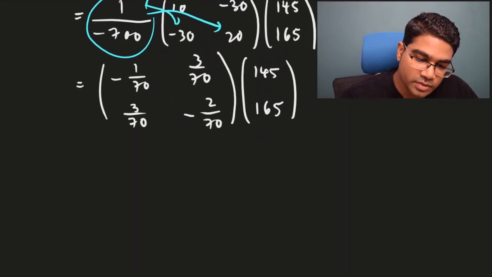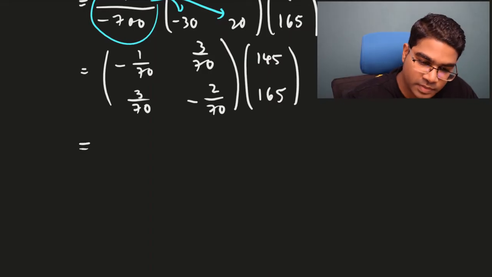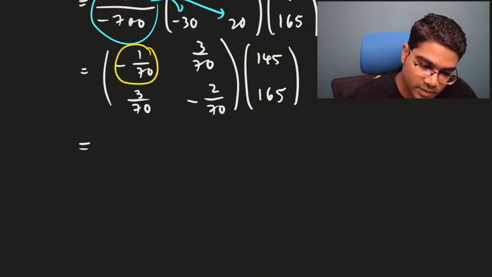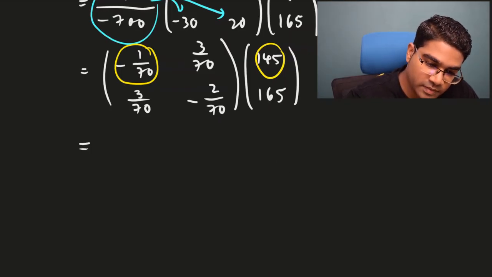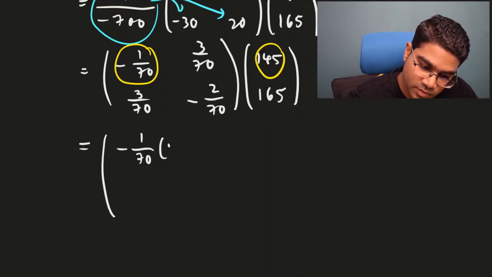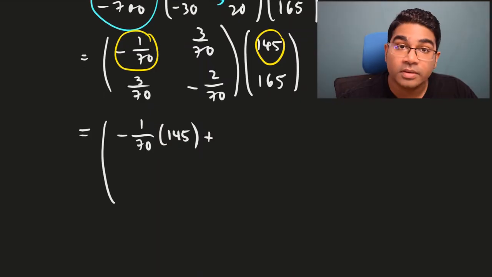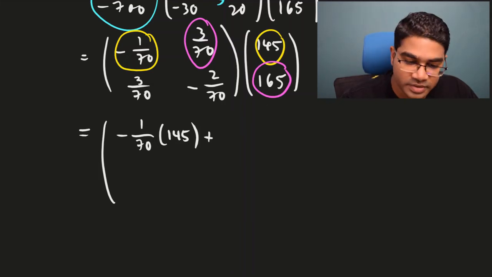So what we have to do first, we take negative 1 over 70 times 145. So the first term here will be negative 1 over 70 times 145, plus we have to do the same thing, 3 over 70 multiplied by 165.